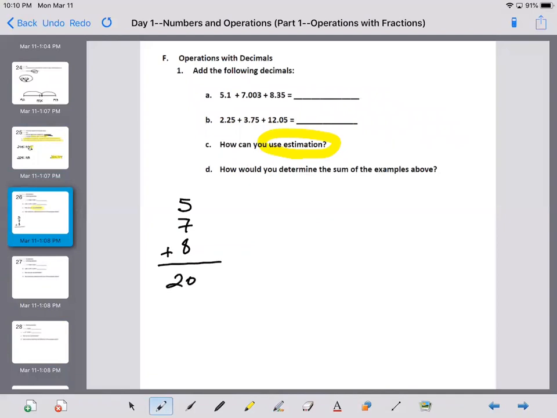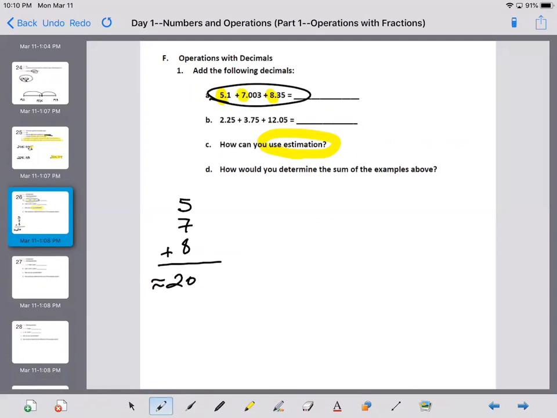So that would be approximately 20, if we're thinking about estimating that. And then next, I kind of did this front end estimation where I just looked at the first digits. I looked at 5, 7, and 8, and then added those up.